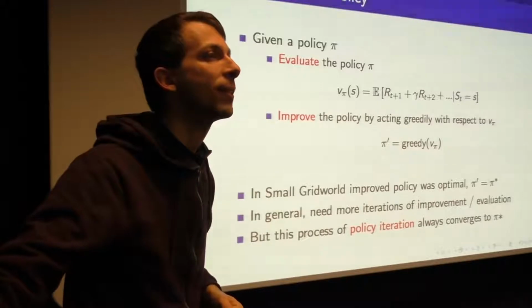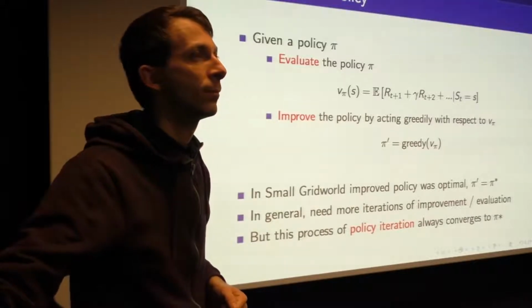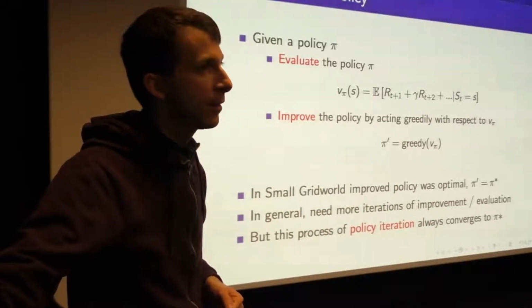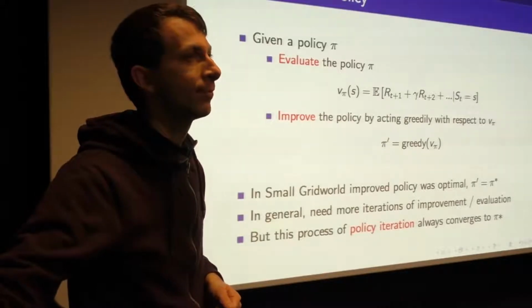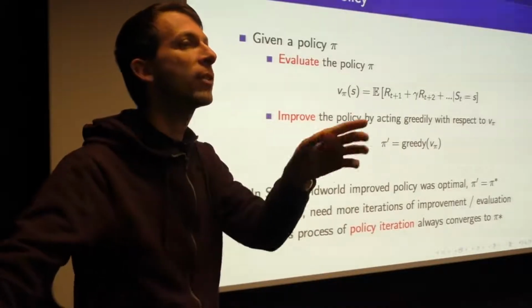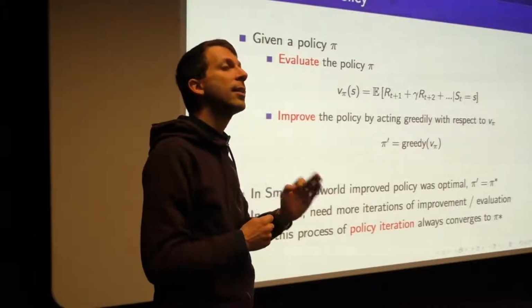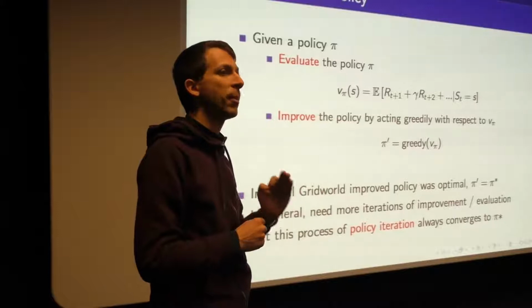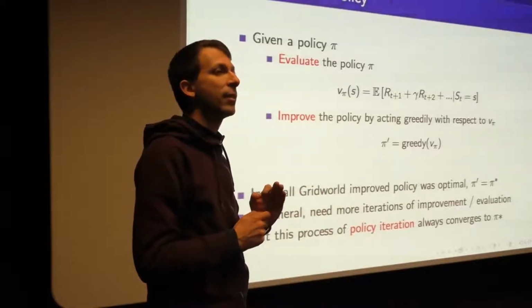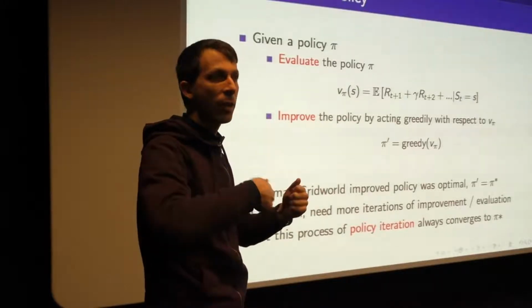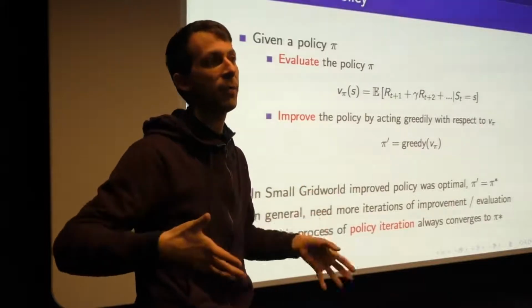Yeah, questions? When you improve the policy, isn't it a deterministic thing? Yes. Recall from the last lecture that there is always at least one deterministic optimal policy for any MDP. So it's sufficient to search over deterministic policies only when you're looking for the optimal policy.